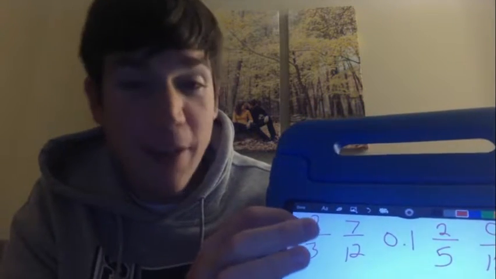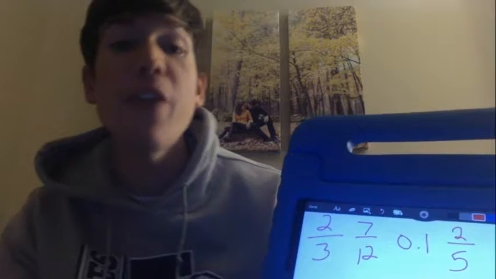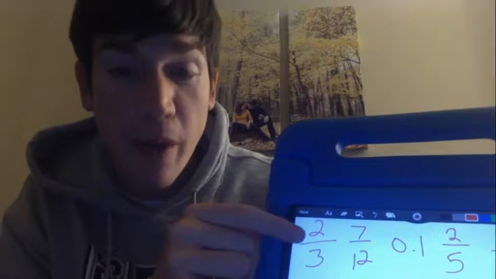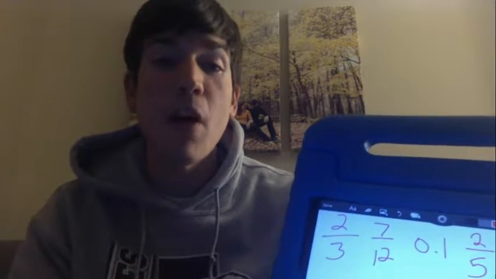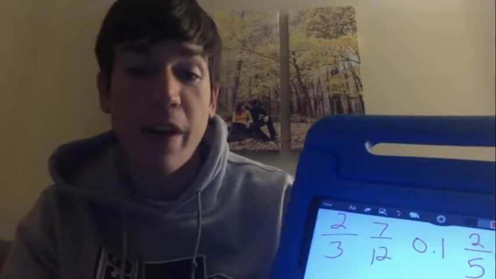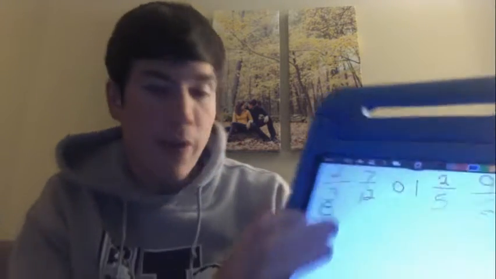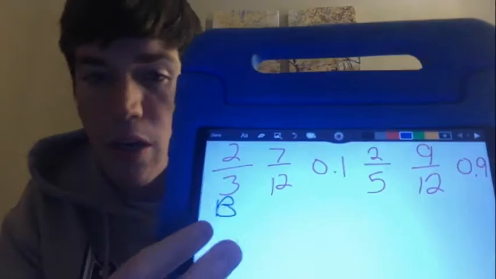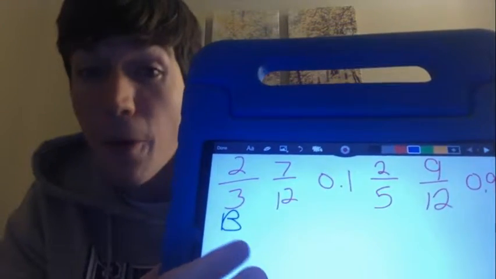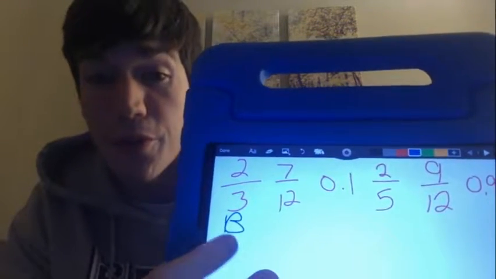So I would ask myself, is 2 bigger than the halfway point, so is it bigger than 1 and 1/2? Or is it smaller than the halfway point? And I know that 2 is bigger than 1 and 1/2. So I'm just going to write a B below it. I've seen people do this on their homework. Just write a B for bigger or an S for smaller. So 2/3 is going to be bigger.